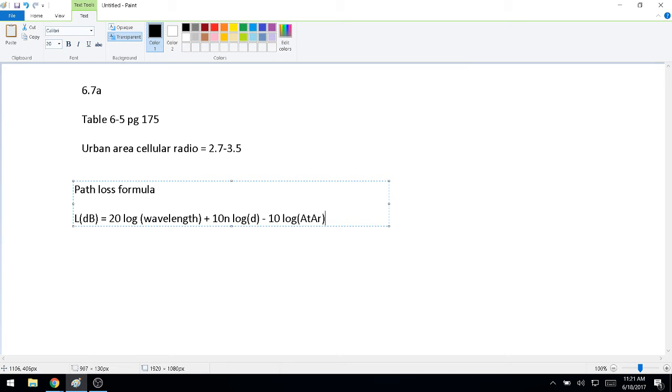And again, that's the antenna gain of the transmitting antenna and the antenna gain of the receiving antenna. Or if we want the frequency instead of the wavelength, we can do that too.